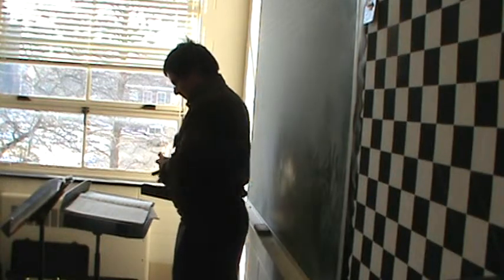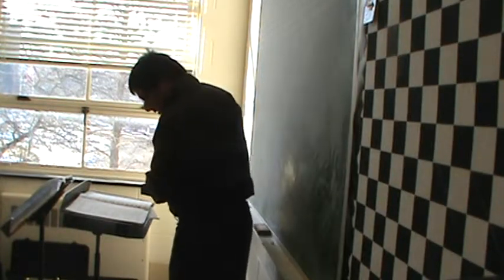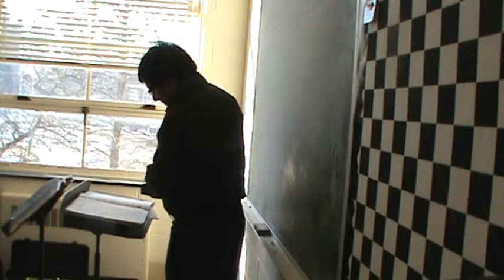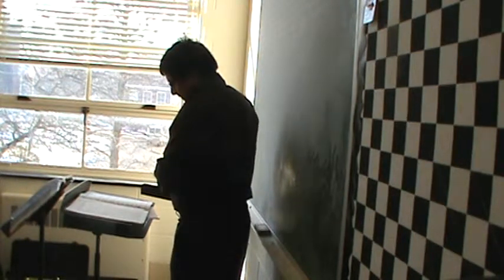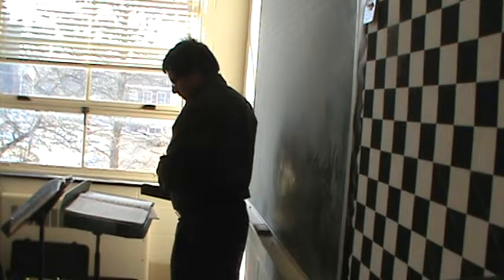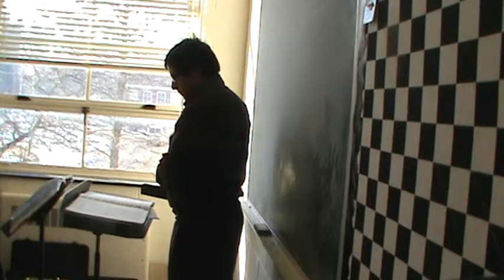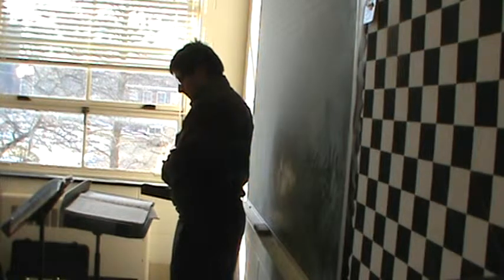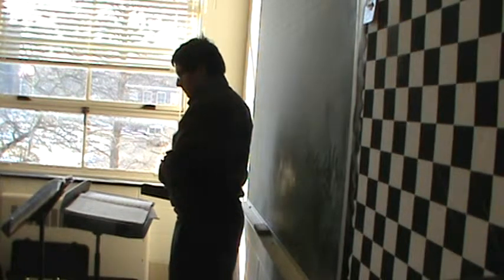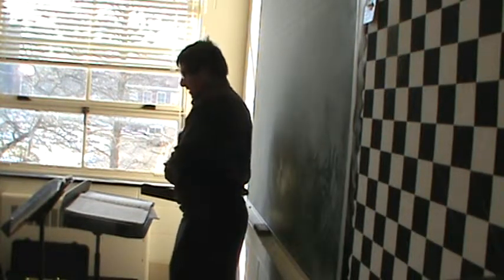F, G, A. Good. Now do the same thing, but just add fingering along. D, E, F, E, G, D, F, G, A, F, A, C, B flat, A, G, F, A. Good job.